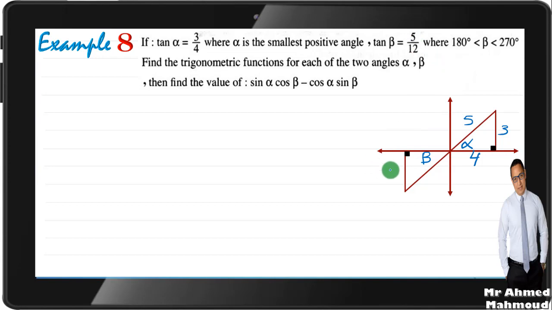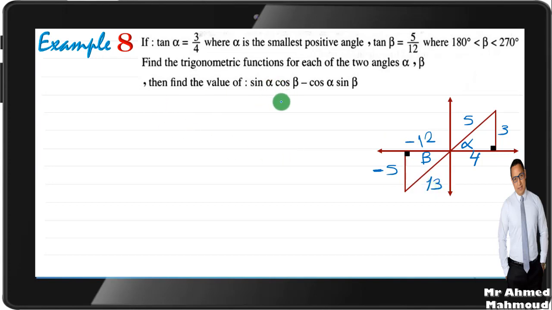Its opposite is 5, its adjacent is 12. Don't forget, this is the negative direction of x-axis, so 12 is negative. And this is the negative direction of y-axis, so 5 is negative. By using Pythagorean theorem, square root of negative 5 power of 2 plus negative 12 power of 2 equals 13.